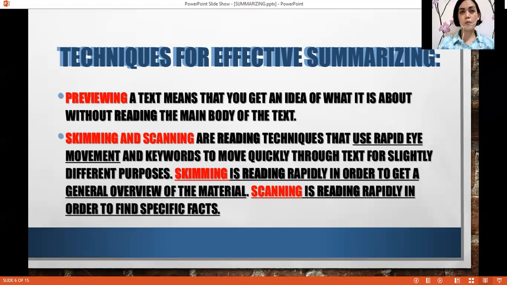You use skimming when you are looking for the overall view of a material, and scanning is looking for specific facts. Example, you have taken a book from the library and you would want to know what the book is all about, so you're going to do the rapid eye movement and then get the overall or general overview of a material. Let us say that you have your topic for your research, and the most important thing to do is to look for review of related literature.